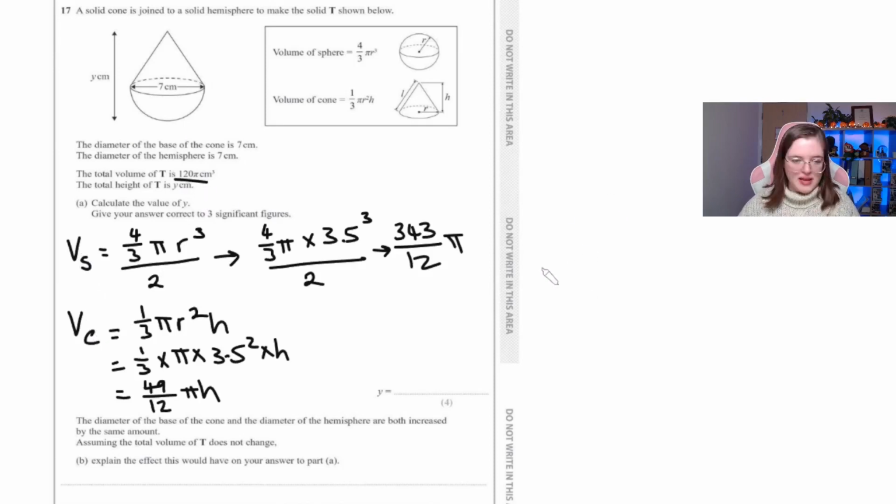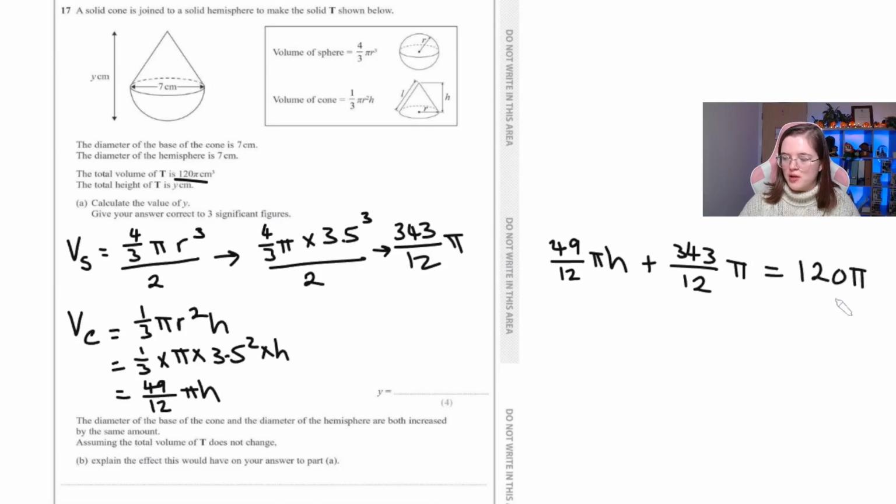So if I put that over here, we've then been told that 49 over 12 pi h plus 343 over 12 pi is then equal to 120 pi. What I'm going to do is divide by pi, since I don't want all those pi's.